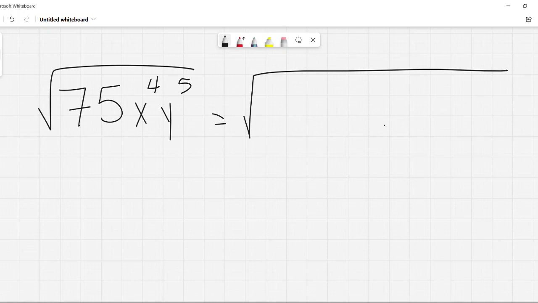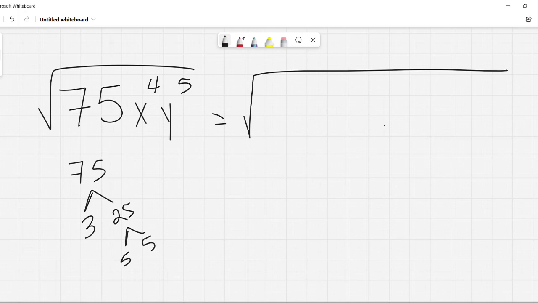I go, what's the biggest perfect square that goes into 75? 4, no. 9, no. 16, no. 25, yes. And again, if I couldn't do that in my head, then I could just do a little factor tree over here. Divide by 5 or divide by 3, either one. Oh, 25. That's 5 times 5.